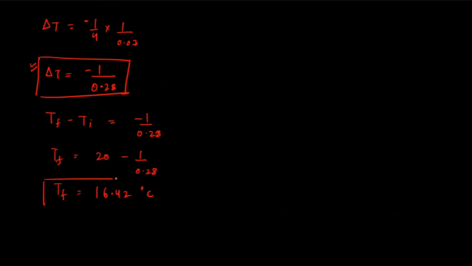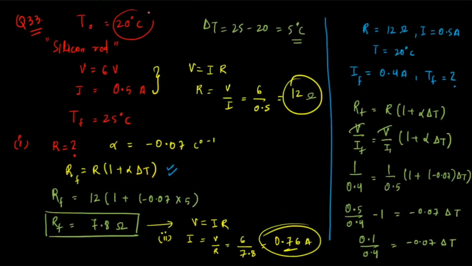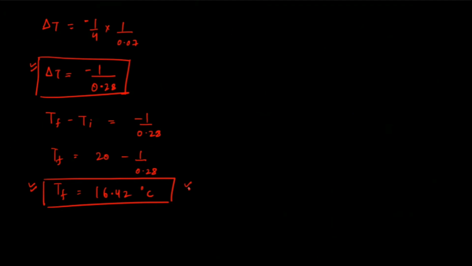This is the value of final temperature at which we have to keep it in order to have the current of 0.4 amperes. Remember, initially the temperature is 20 degrees Celsius. To have the current of 0.4 ampere magnitude, we actually have to decrease the temperature to 16.42 degrees Celsius.